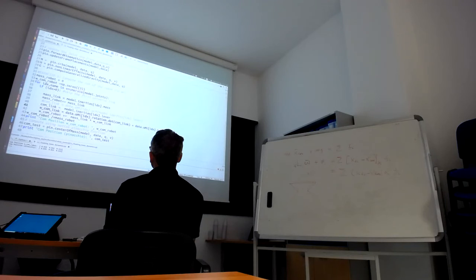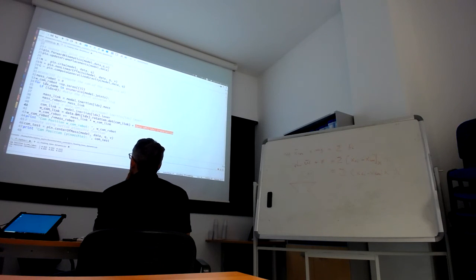This is the position in the world frame of the link.